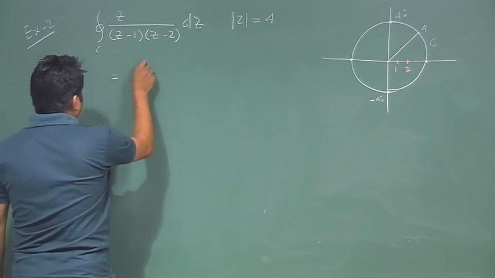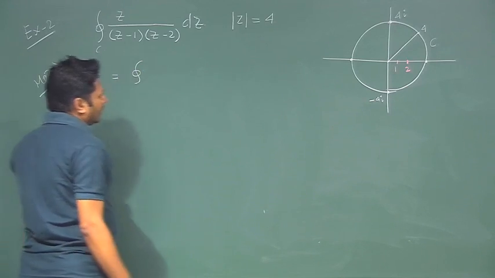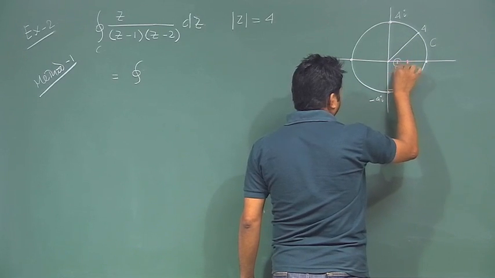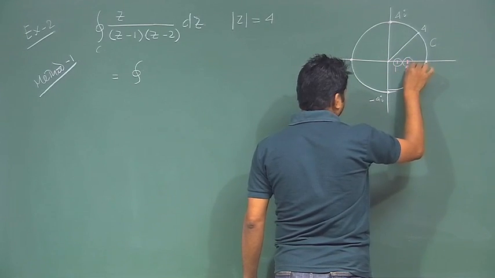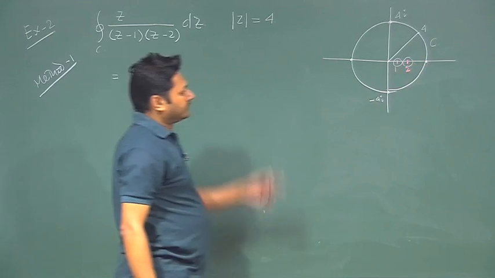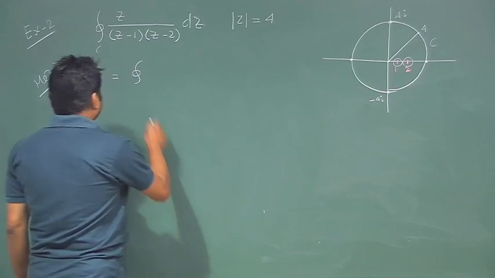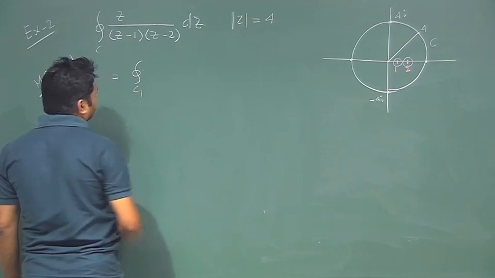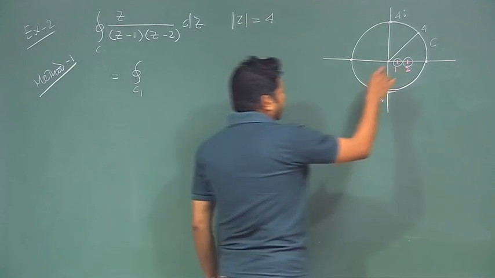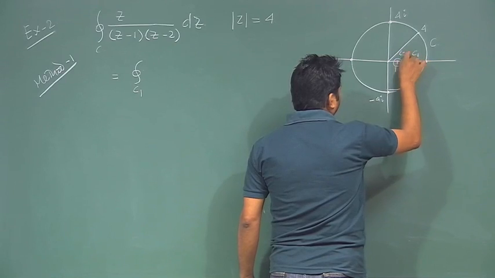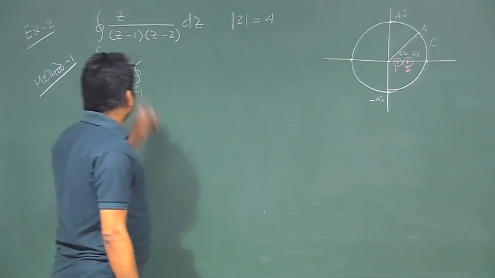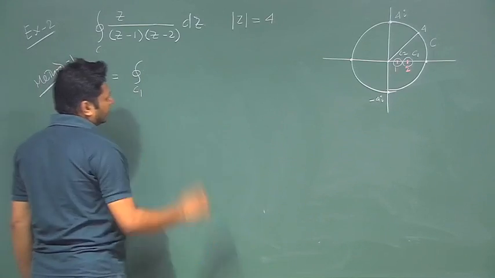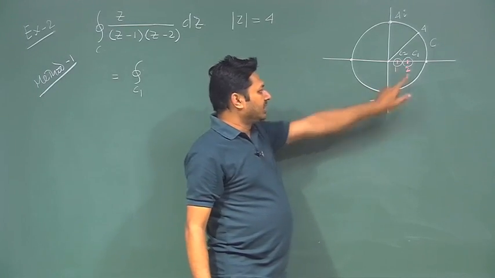So, this over C is the same as this and this, that we know from our previous knowledge. So, I can have these two separate, C1 and C2, 2 curves I can separate, and this result will be, for C1, 2 is my singularity.